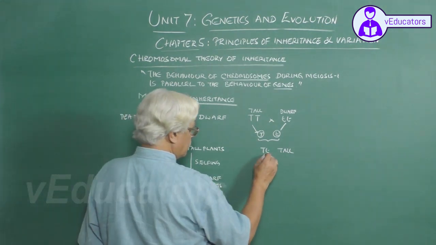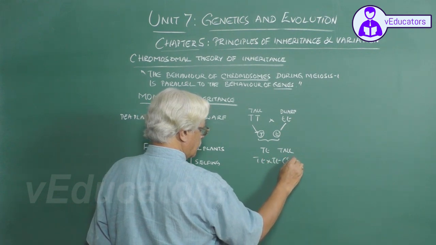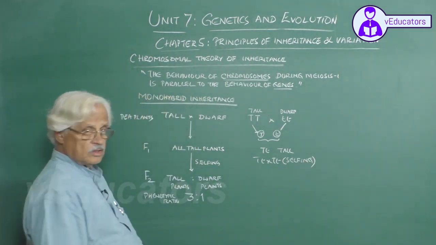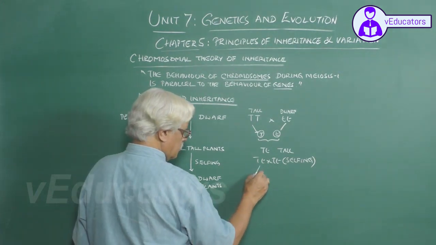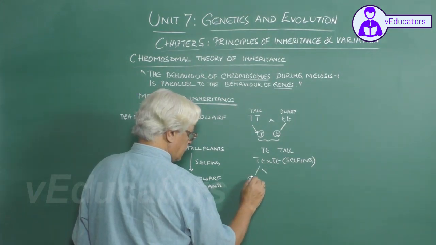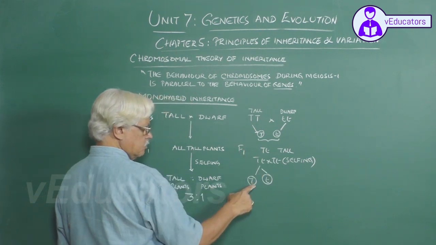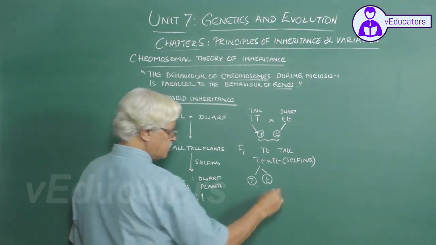And in the next generation, selfing, it is here that he talked about segregation. The two factors are staying together in the F1 generation but segregate during the formation of gametes.